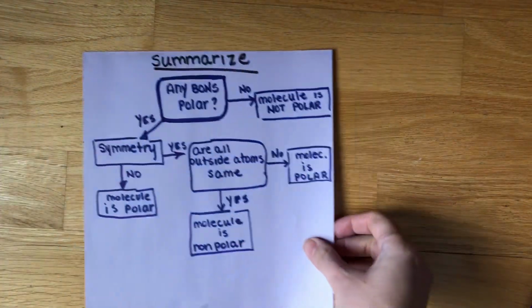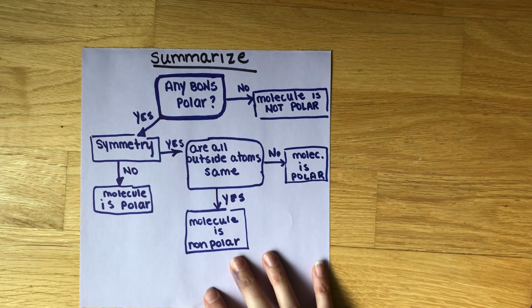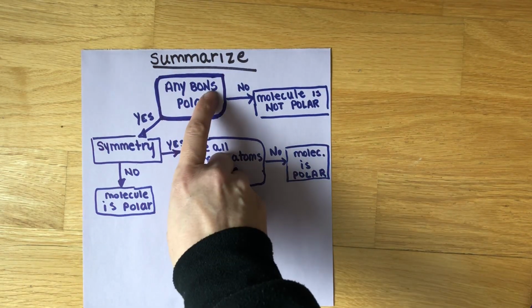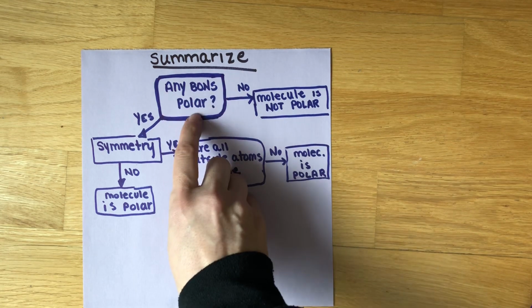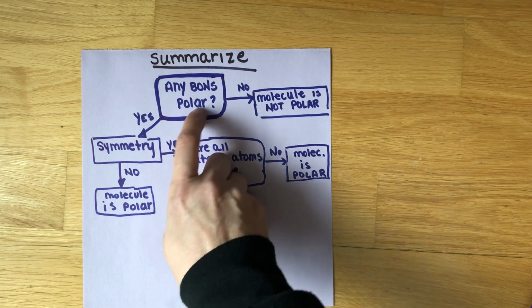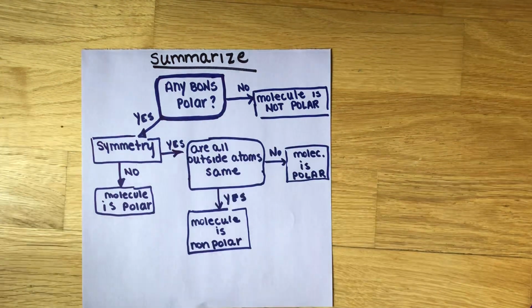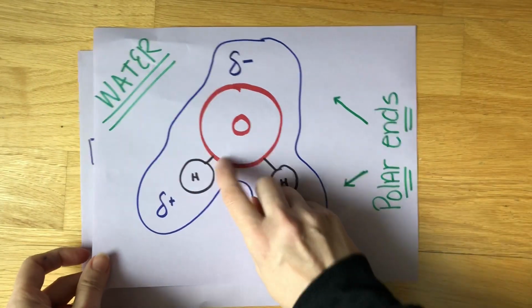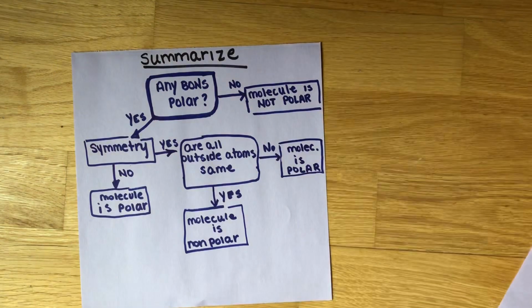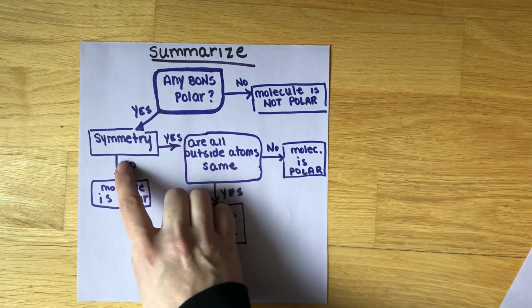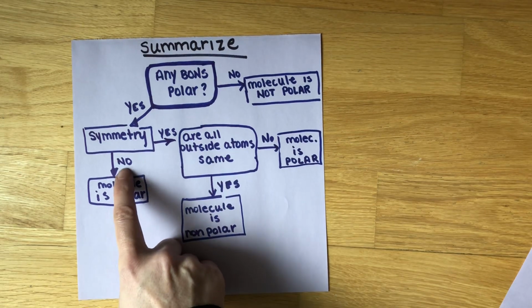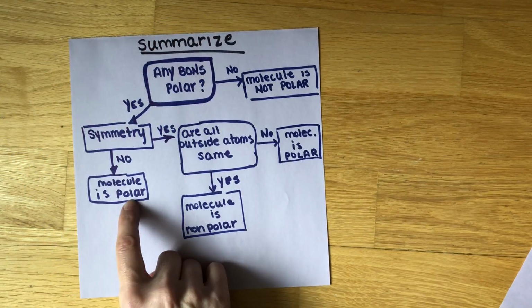All right, to summarize, this flowchart actually might help you. The first thing you want to ask yourself is, are any of the bonds polar in your molecule? So you go back and look at the entire molecule and the bonds and ask, are any of the bonds polar? If the answer is yes, then ask yourself, is it symmetrical? If the answer is no, then the molecule is polar.